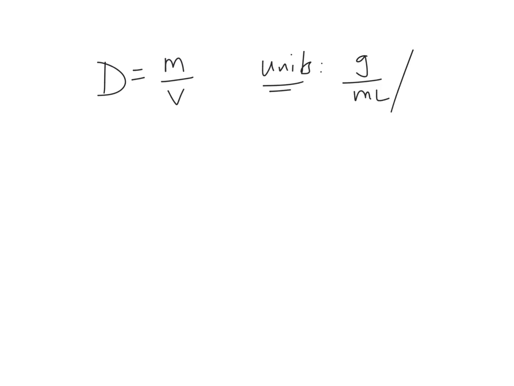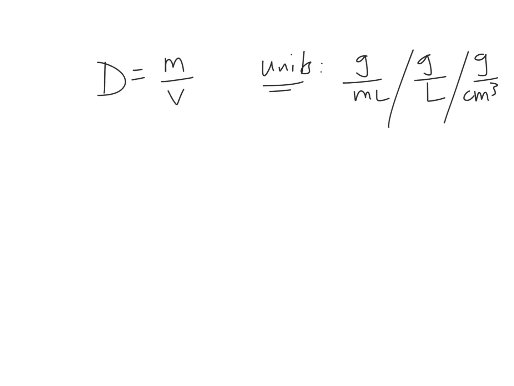So density equals mass over volume. You've certainly looked at density before, and it can have units of any of the following: grams per milliliter, grams per liter, or grams per cubic centimeter.